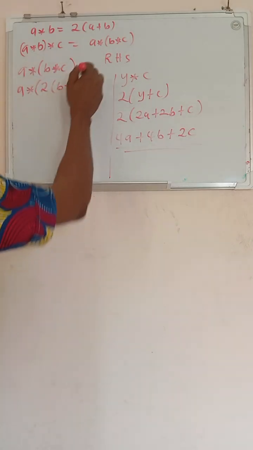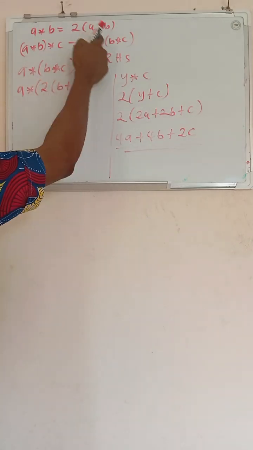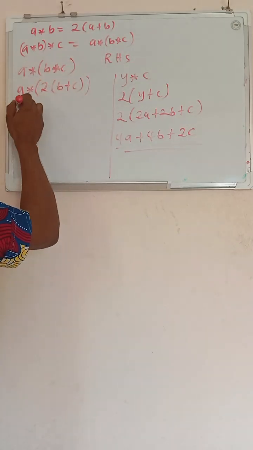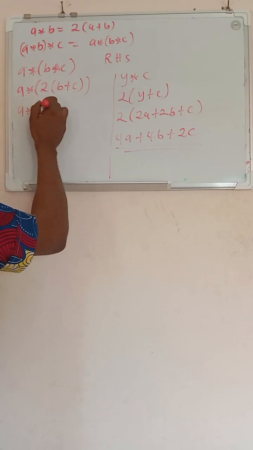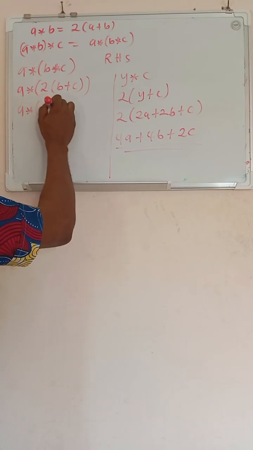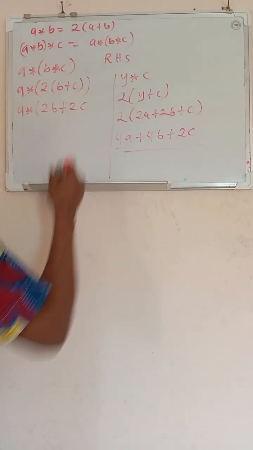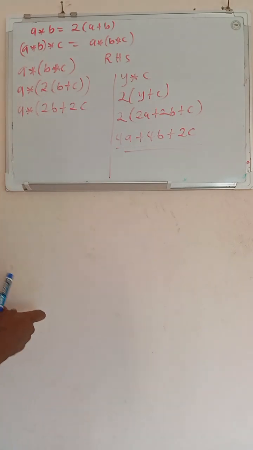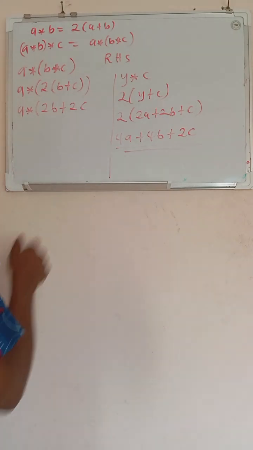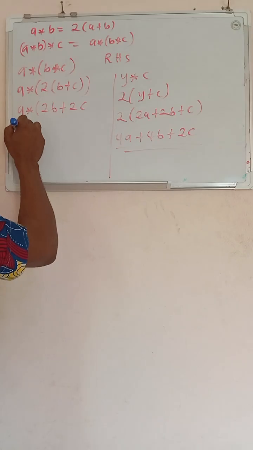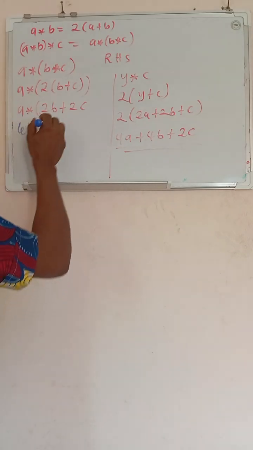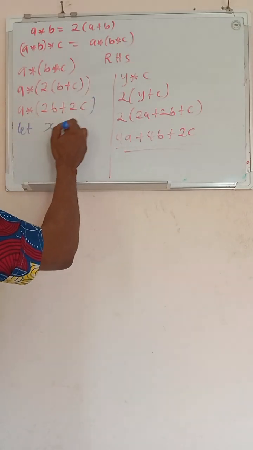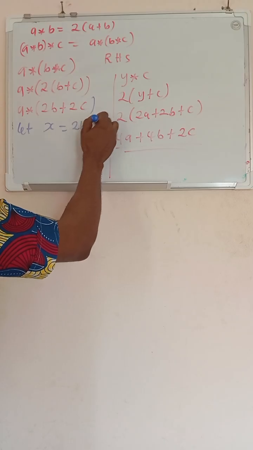Do you understand? Then you open, you have A asterisk (2B plus 2C). Now let x equal 2B plus 2C.